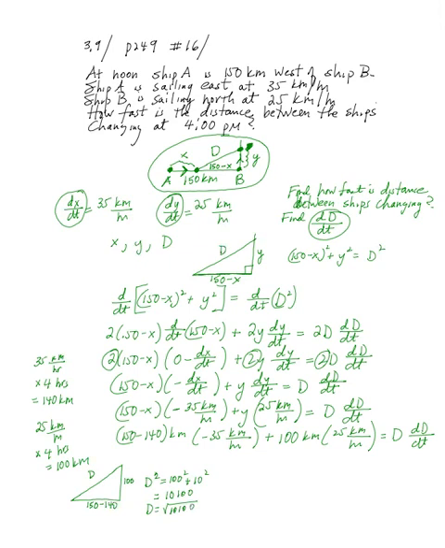So I have 10 kilometers times negative 35 kilometers per hour plus 2,500 square kilometers per hour equals the square root of 10,100 kilometers times the derivative of d with respect to t.